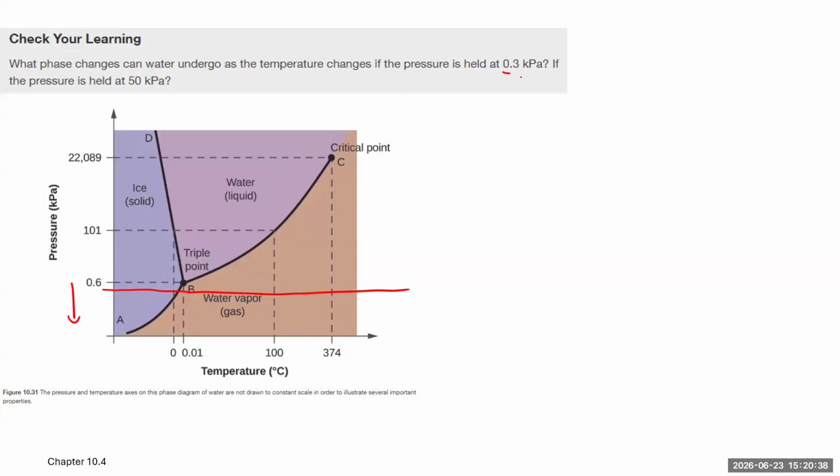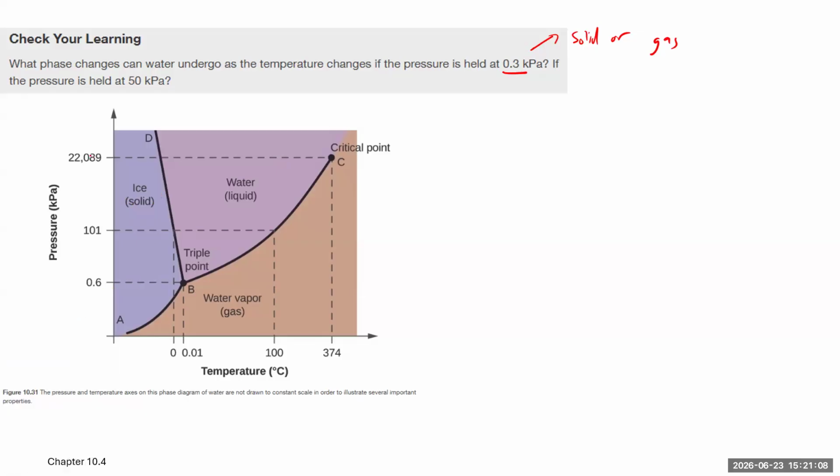So what phases can we be? We can be solid or gas, right? Because if we track this line here, we hit the solid part and we also hit the water vapor part. We never hit the liquid part. So that's not going to be part of our calculations there. So solid and or gas.